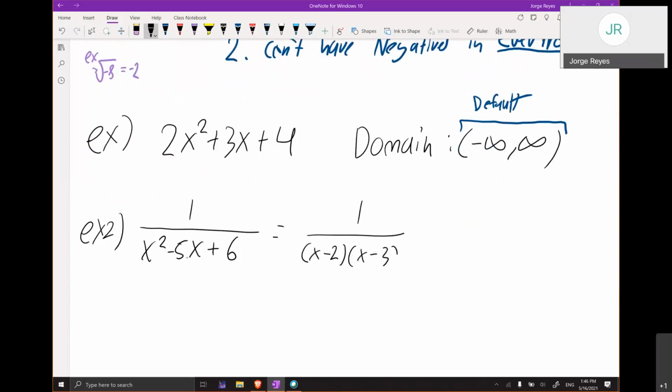Hopefully you can see that if I plug in 2, this thing is 0, and that's bad. So x should not be the number 2. And for the same reason, if we plug in 3, that's also bad because then this parenthesis becomes 0. So we don't want 3.